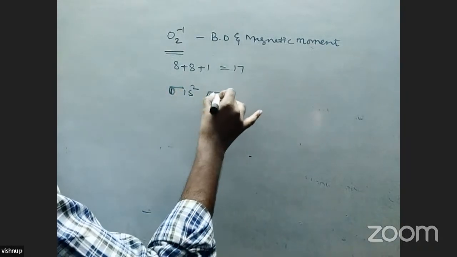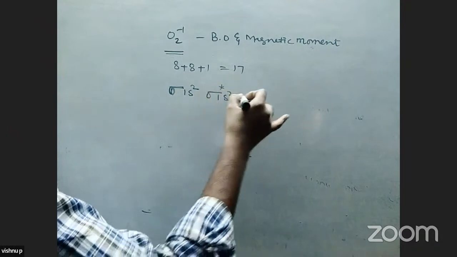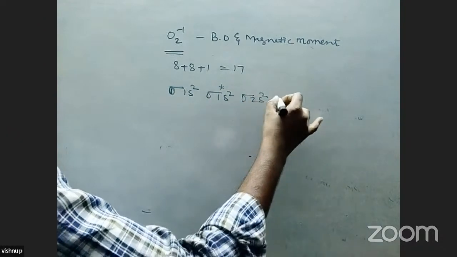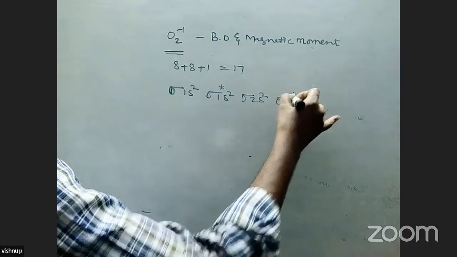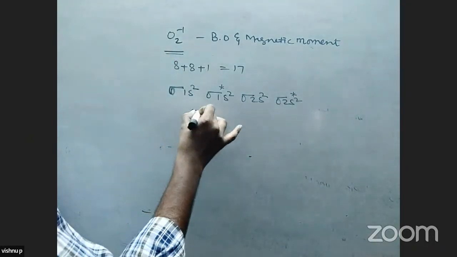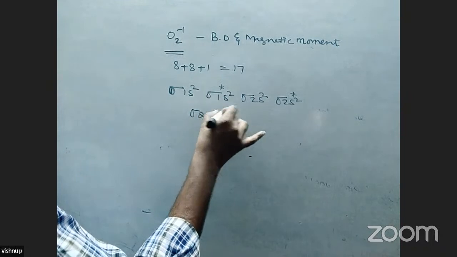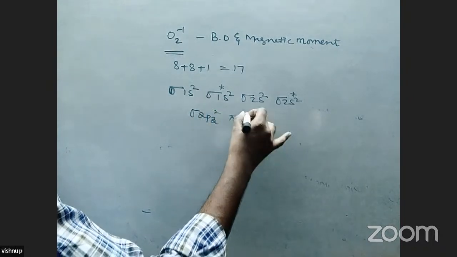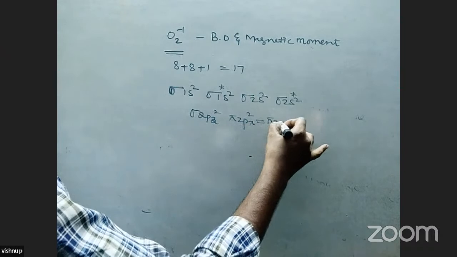Sigma 1s2, sigma 1s2 antibonding, sigma 2s2, sigma 2s2 antibonding. Next, sigma 2pz 2, pi 2px 2, pi 2py 2.